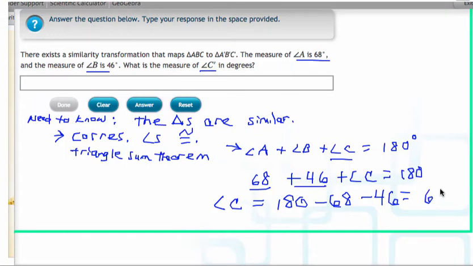And you get 66 degrees for angle C and also for angle C'. And of course you will only enter 66 in this field.